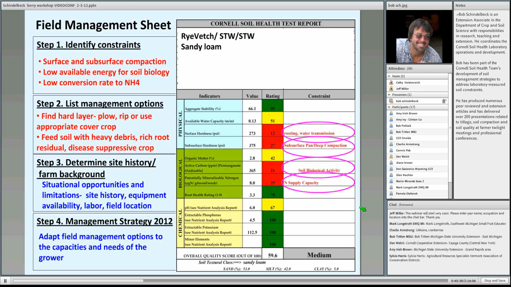Then to address the soil biology, while we're thinking about plowing and ripping and perhaps growing a cover crop, we want to maybe feed the soil some heavy debris. If we could get some, if that's possible, that debris could feed the soil, particularly if it's got rich biological material that would start to spin our soil food web and perhaps address our active carbon.